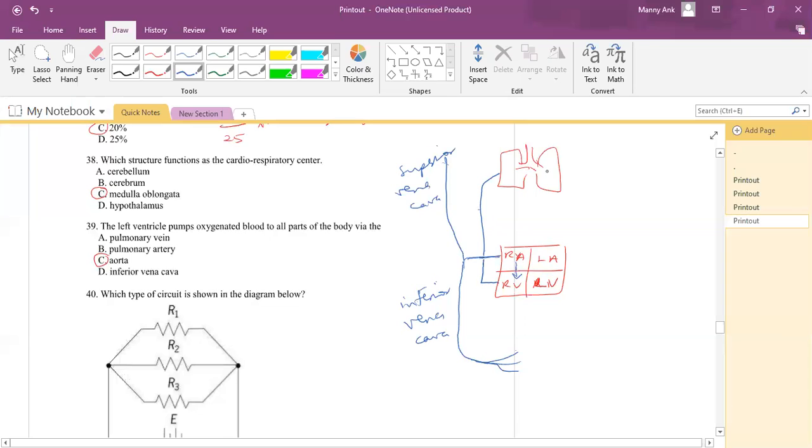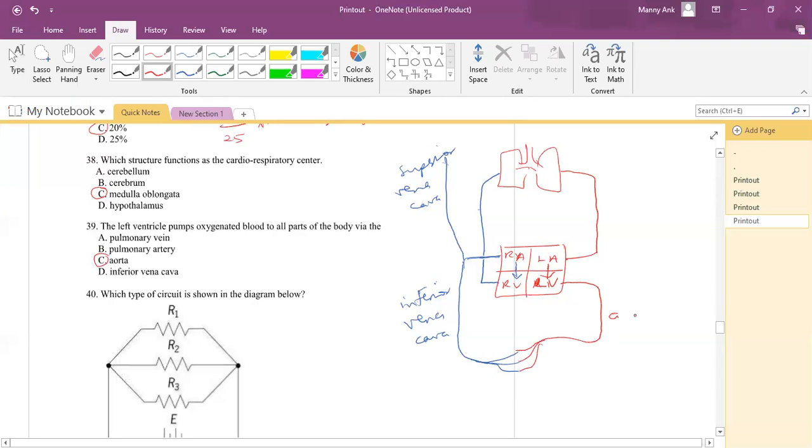From the lung, oxygen is added to it, and the blood flows through the pulmonary vein to the left atrium. Then from the left atrium, the blood goes through the bicuspid valve into the left ventricle. And the left ventricle pumps the blood through the aorta to different parts of the body.